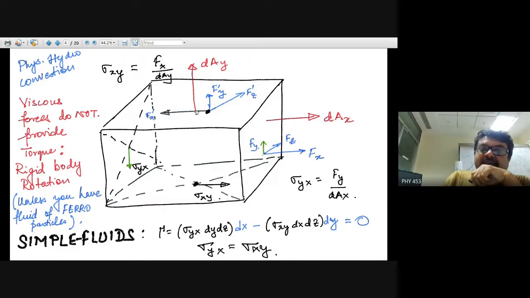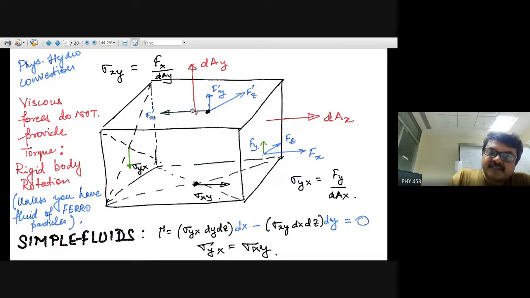And exactly we can do something similar on the surface area. Suppose there was a force acting in the x direction on the surface area which has an outward normal in the y direction, then the total force acting on this surface is Fx, sigma xy into dx into dz.